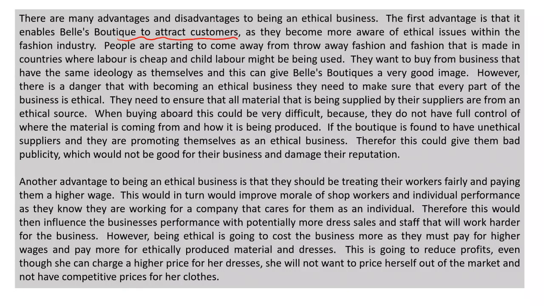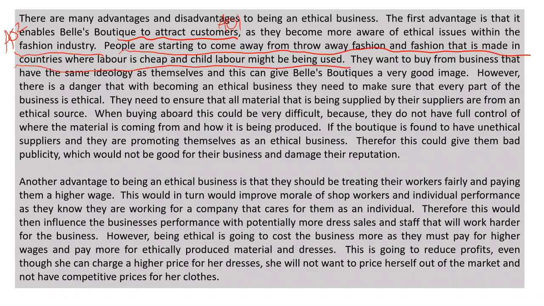Okay, so AO1, and then more ethical issues within the fashion industry. So I'm referencing the fashion industry, which is your AO2. People are starting to come away from throwaway fashion. Again, AO1 and AO2 here, about throwaway fashion and fashion that is made in countries where labour is cheap and child labour might be used.